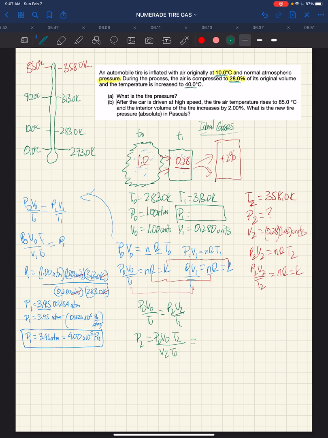Those numbers then: the initial pressure was 1.00 atmospheres. Our volume initially is 1.00 units. Our temperature at time 2 is 358 Kelvin.